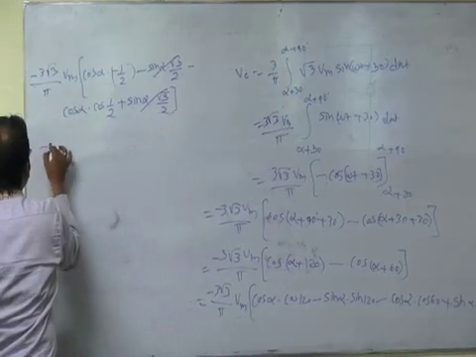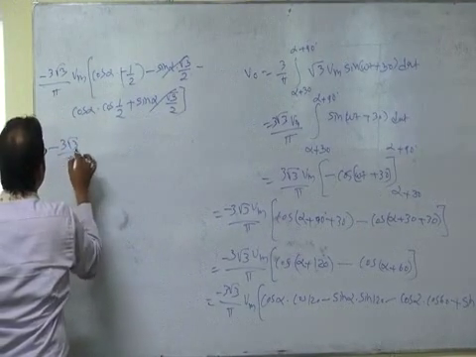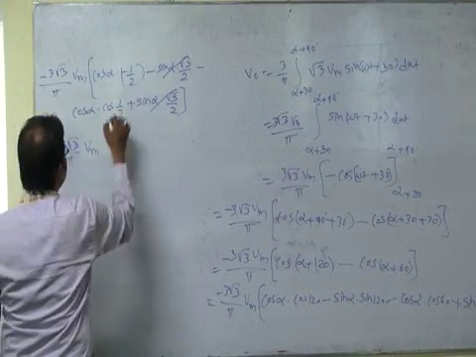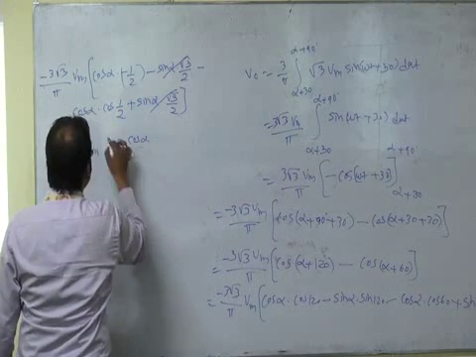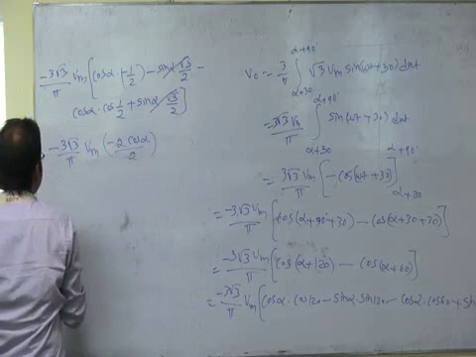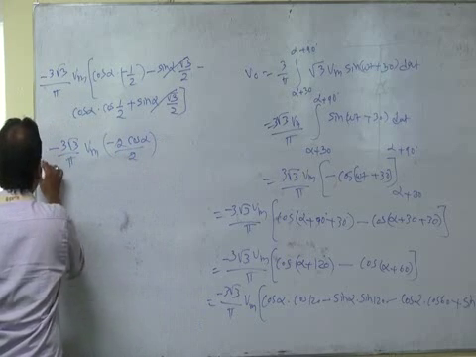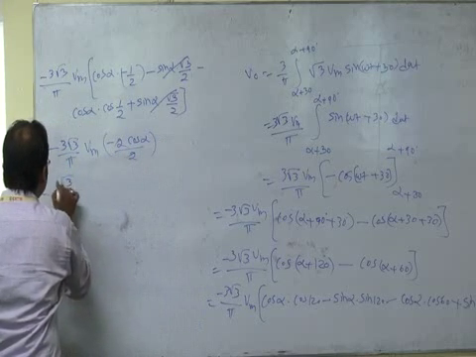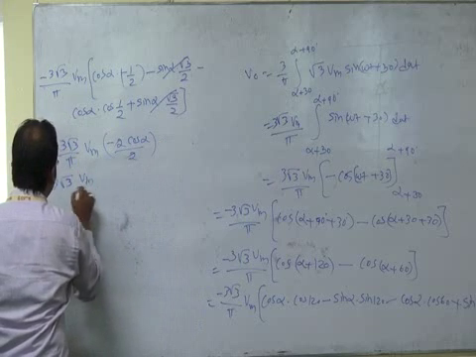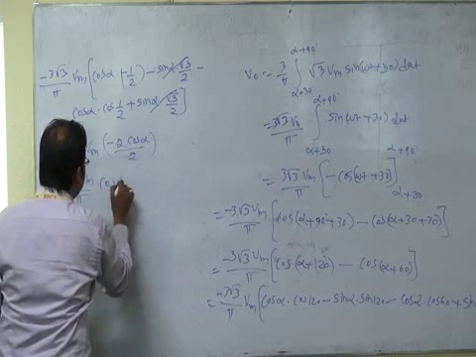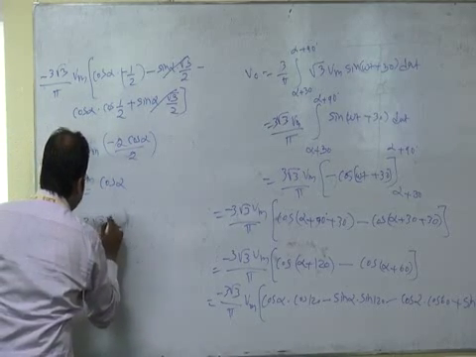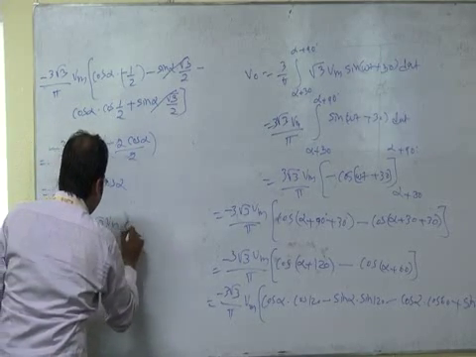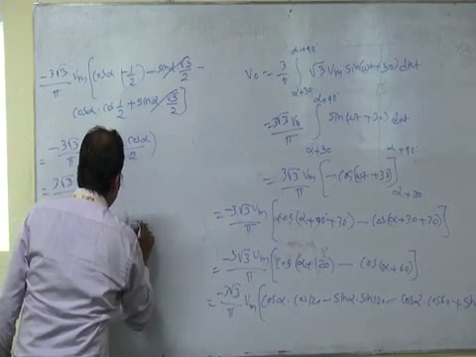So finally 3 root 3 by pi into Vm, so here we will get minus 2 cos alpha by 2. The minus minus will be plus, so it will be 3 root 3 Vm by pi cos alpha. So this output voltage is 3 root 3 Vm by pi cos alpha.